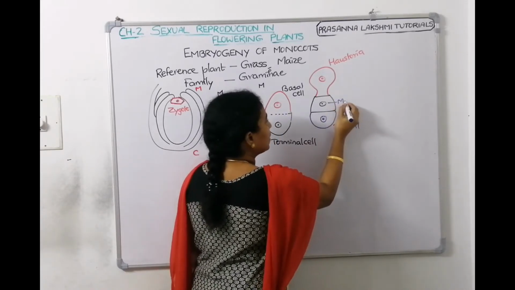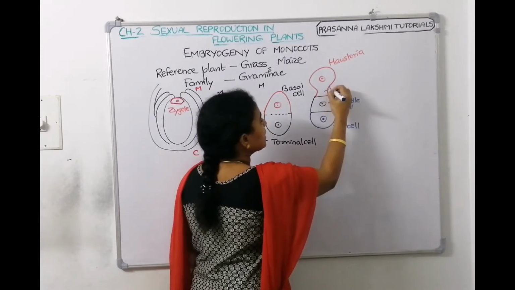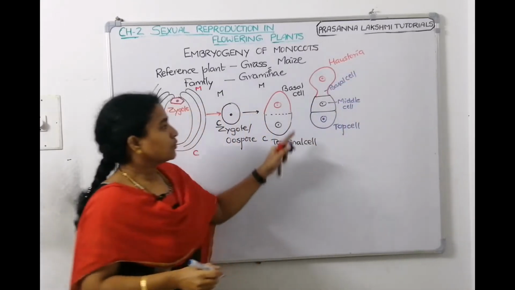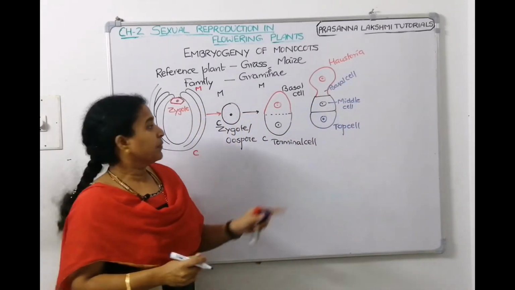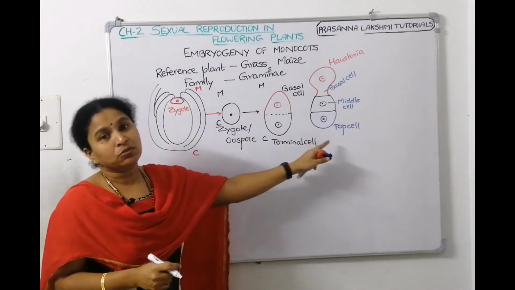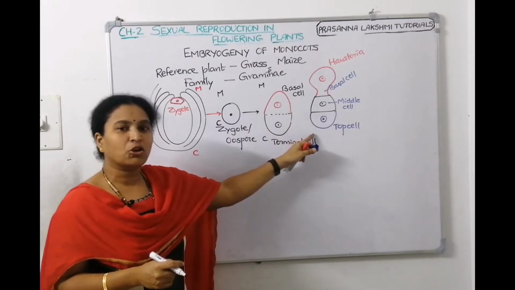And the basal cell got modified into the haustorium. So, this is a three-celled proembryo. The zygote developed into a two-celled proembryo, then into a three-celled proembryo. This is the basal cell, this is the middle cell and the bottom one is the top cell.